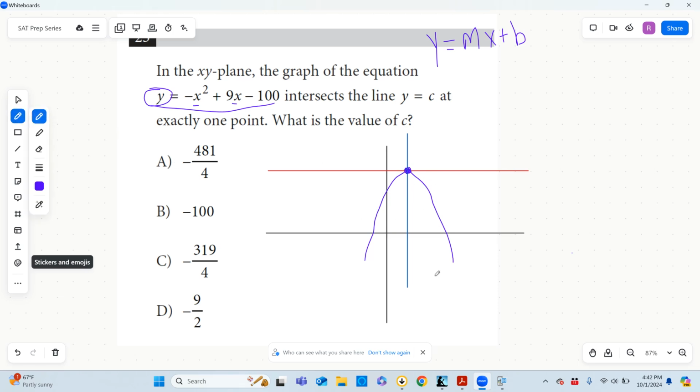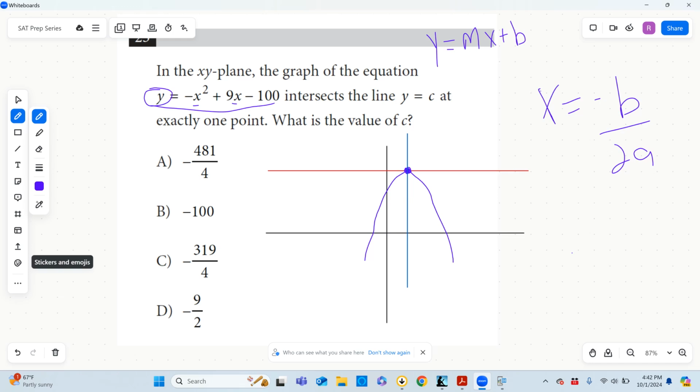So the equation for the axis of symmetry. The axis of symmetry must pass through the vertex on all parabolas, otherwise it will not cut the parabola in a place that makes it symmetrical. The axis of symmetry is always equal to x equals negative b over 2a.